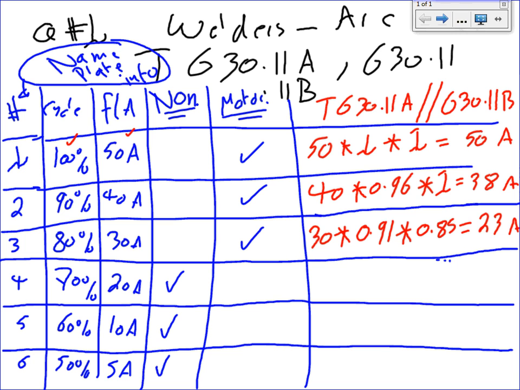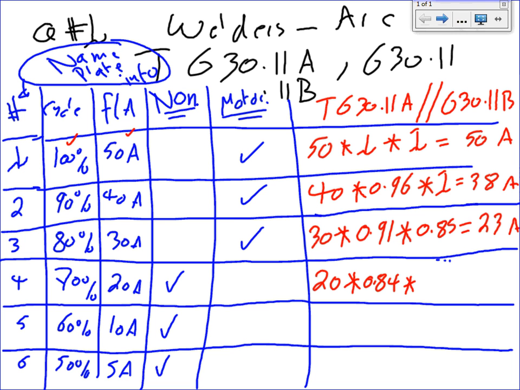The fourth one, what's the cycle for the fourth one? It's non-motor, and it's the fourth one, and it's 20 amps. What's the multiplier for 70% cycle under non-motor this time? 0.84. So it's 0.84 times. Now, this is the fourth largest. What does it say, the fourth largest, guys?